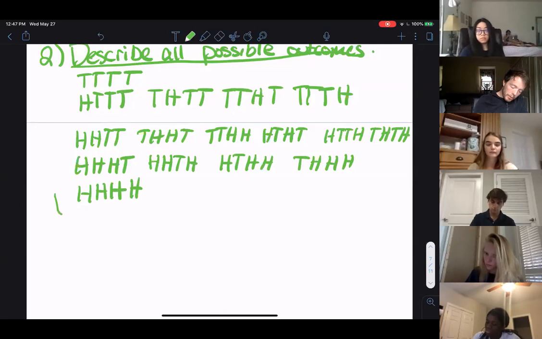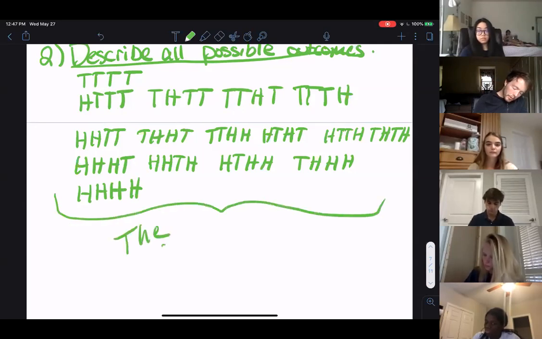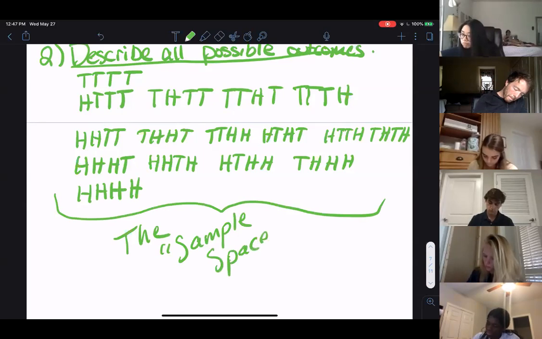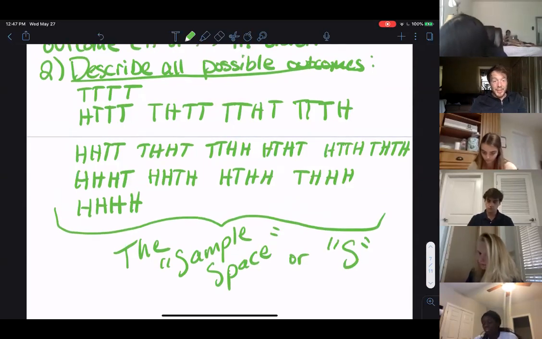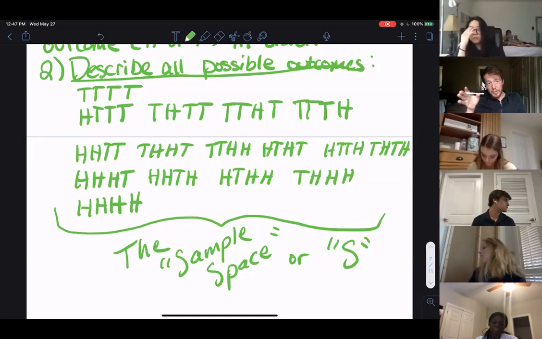And what we call this is the sample space, or S. So the sample space is the set of every single possible thing that can happen. So whenever you have a random phenomenon, define it and then think about what all of the different combinations of things that could go on.